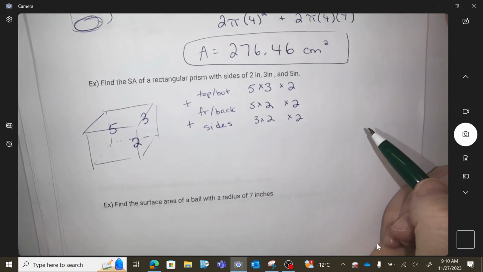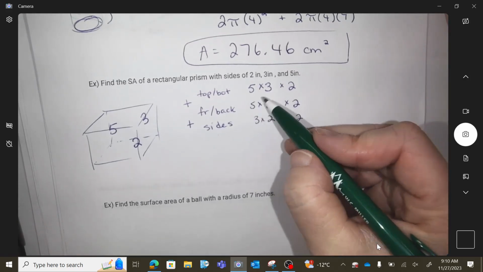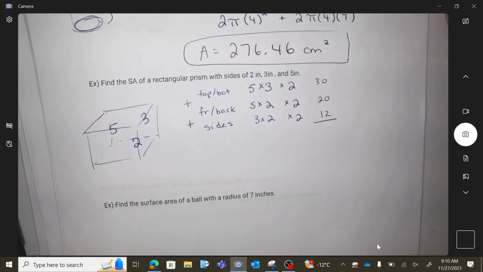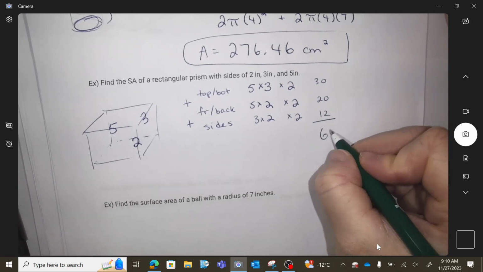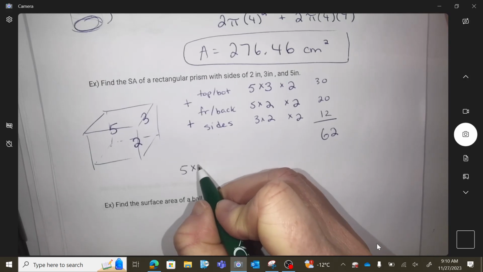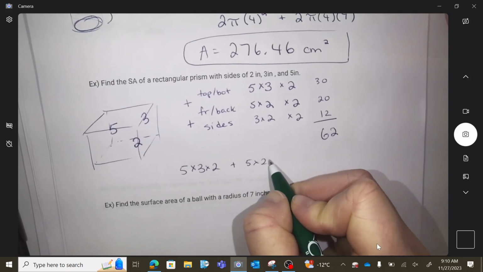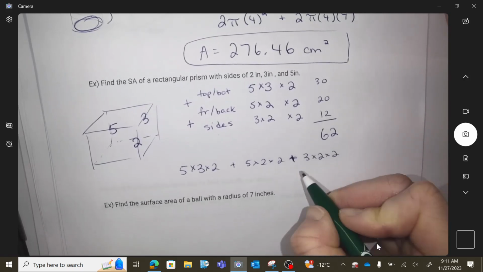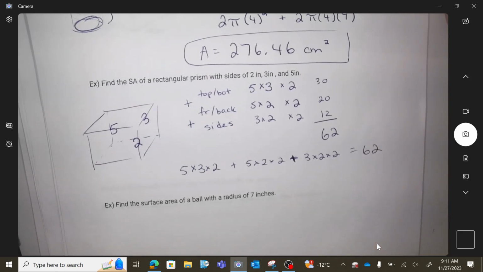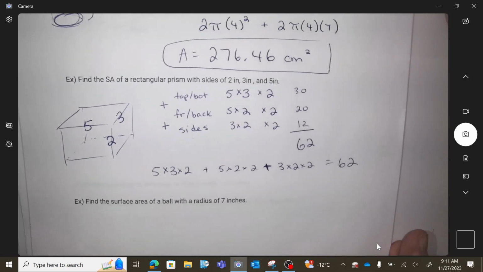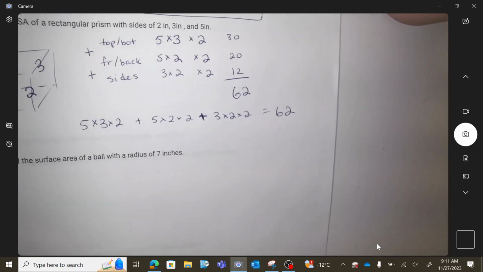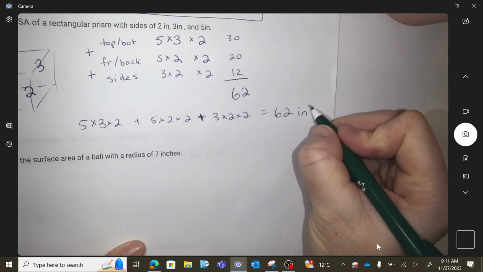So you can type that all at once, or you can separate it. You can go separately, or all at once if you would like, but we should still get to the same answer. Anybody matching my 62 number? Okay, and then inches squared.